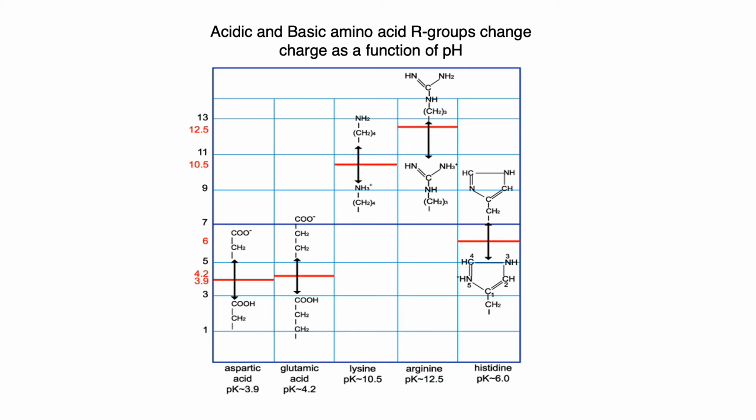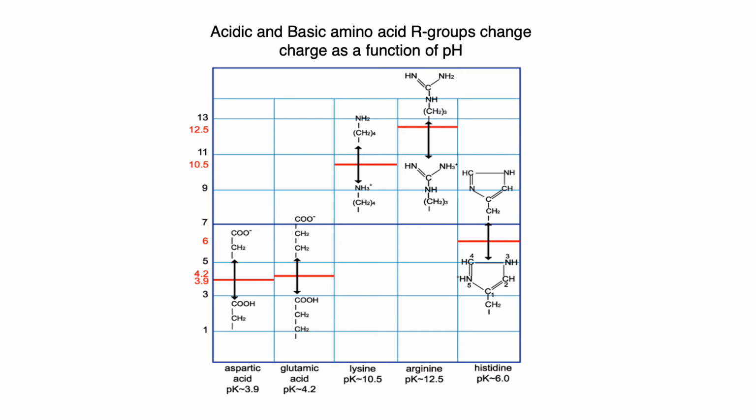The same is true for glutamic acid. At neutral pH, it is charged, but as you decrease the pH, in this case to 4.2, it grabs a proton and becomes uncharged.